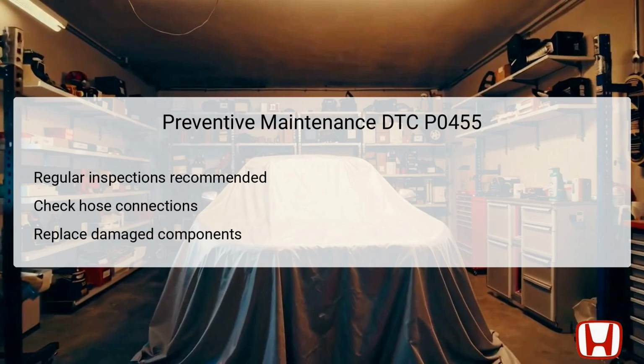You should also check the integrity of all EVAP components and replace any that show signs of damage or degradation. Keeping these parts in optimal condition not only safeguards against future leaks and DTCs, but it also enhances the vehicle's overall performance and longevity. Regular maintenance practices are a smart investment in your vehicle's reliability.